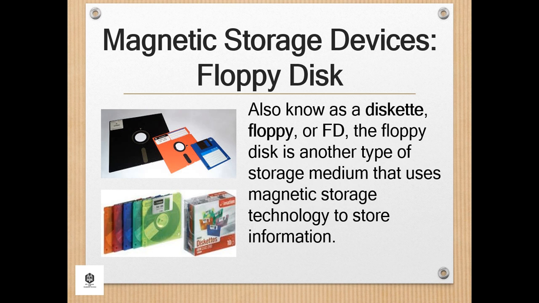The earliest floppies were 8-inch or 203 millimeters in size, but these were replaced by 5 and 1/4 inches or 133 millimeters disk drives, and finally a 3 and 1/2 inch or 90 millimeters version.